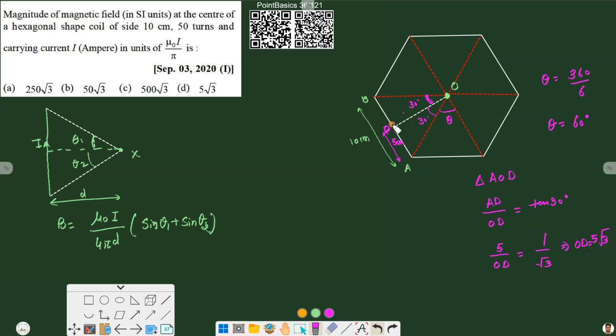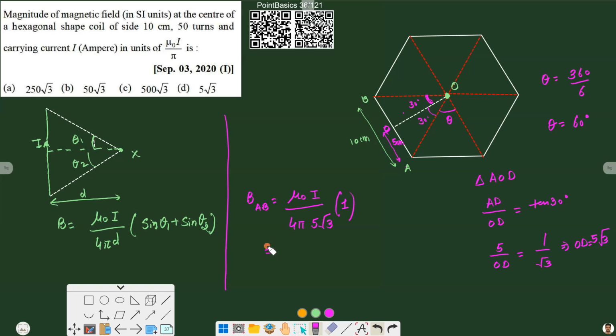Now the magnetic field due to this conductor AB at the center O will be B due to AB equals mu naught times I by 4 pi into the distance, that is 5 root 3, into sine of 30 plus sine of 30. Sine 30 is half, so half plus half is 1.